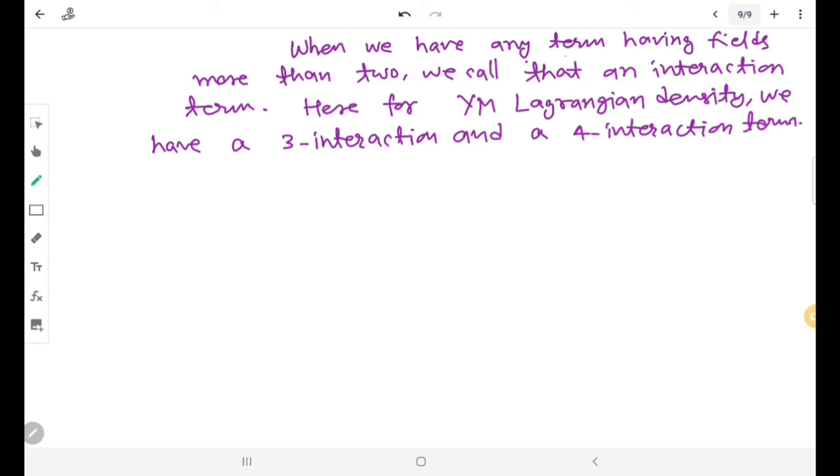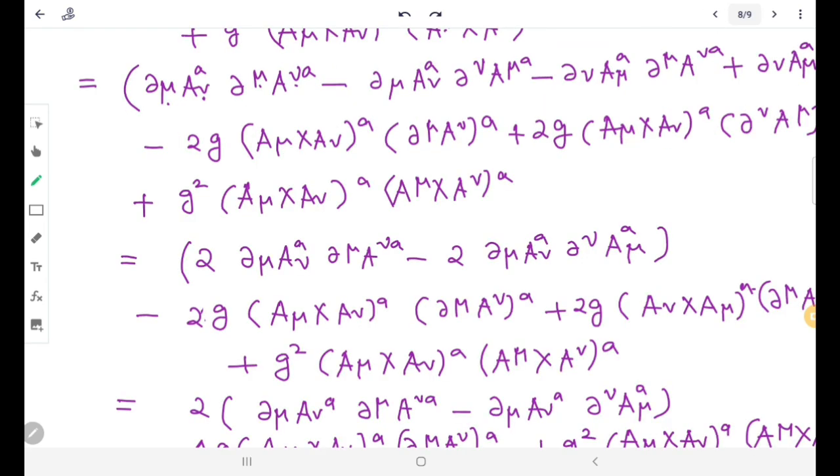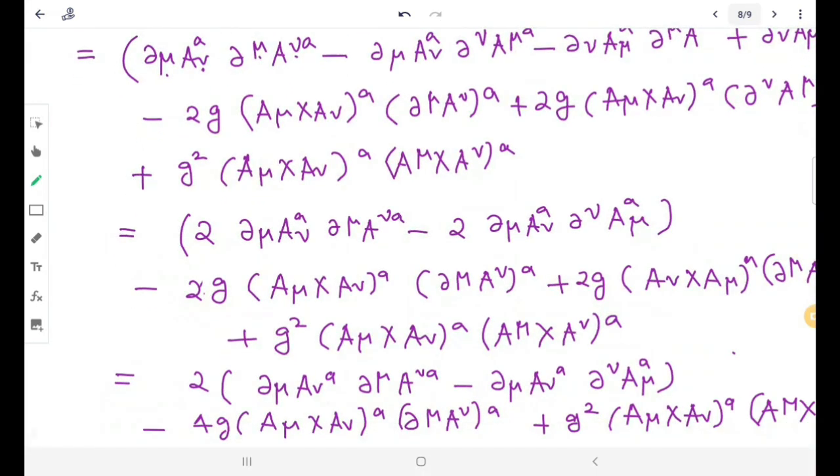So let me write the 3 interaction term. This is what this is. This term is the 3 interaction, and this term is the 4 interaction.